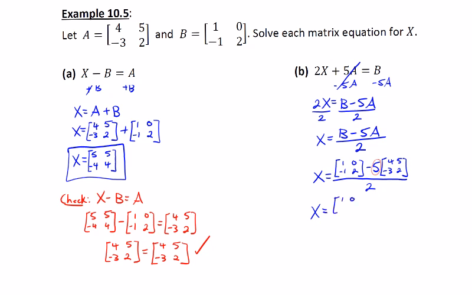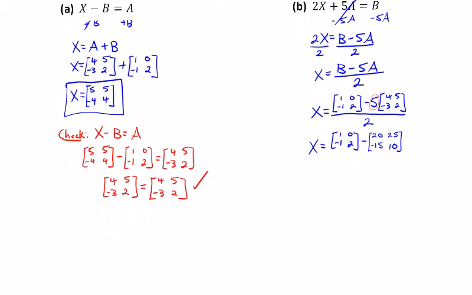So I'm going to copy down matrix B, and then come up with the representation that I need for 5A. 5 times A is really going to be [20, 25; -15, 10]. And that all needs to be divided by 2 still.